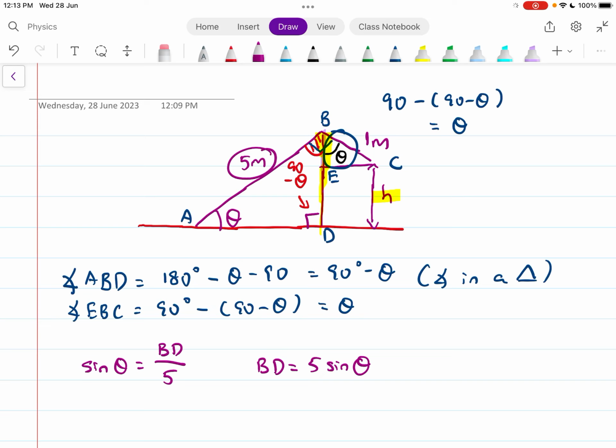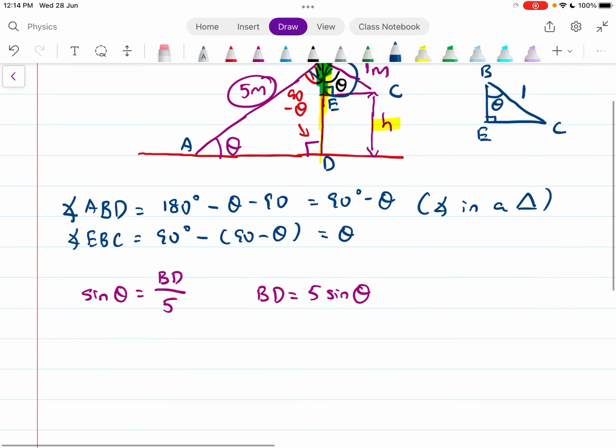After you find 5 sine theta for BD, now look at the smaller triangle. There's a theta, and this part is 90 degree. I want to find BE, which is the adjacent of the small triangle. If I draw the small triangle up like that, this is theta, this is 90, this is B, E, and C. We are given the hypotenuse 1 meter and want to find the adjacent, so I simply use cosine.